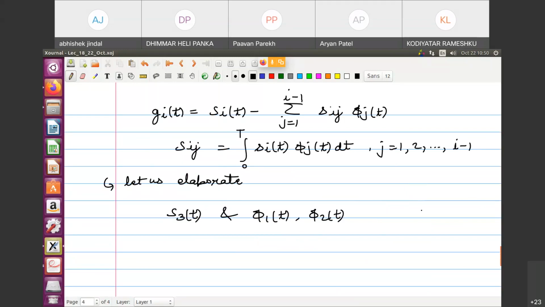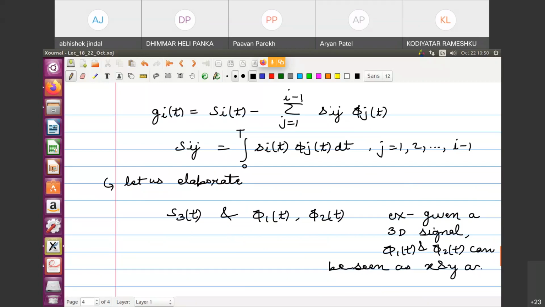Take an example: given a three-dimensional signal, phi 1(t) and phi 2(t) can be seen as the x and y axes. This 3D signal means that it has some x1, y1, z1 components, or you can say vector. So these are the x and y axes, and you need to find out the z.